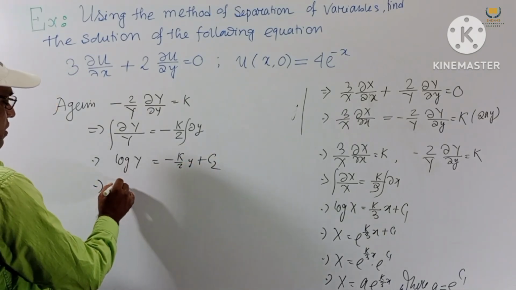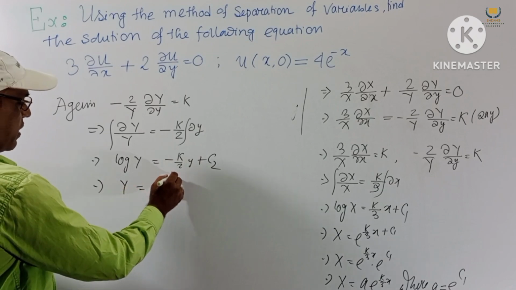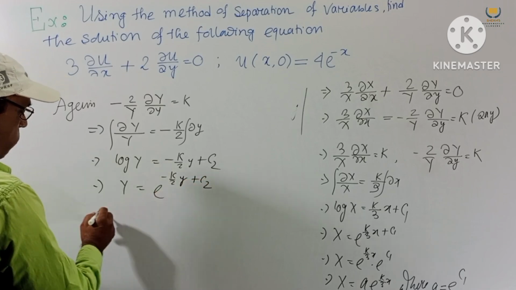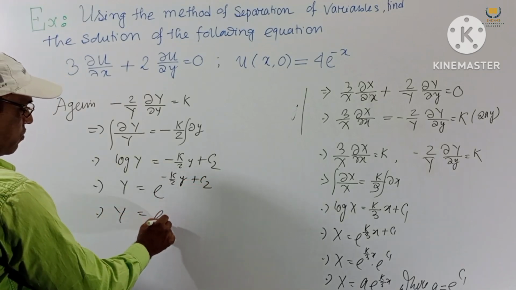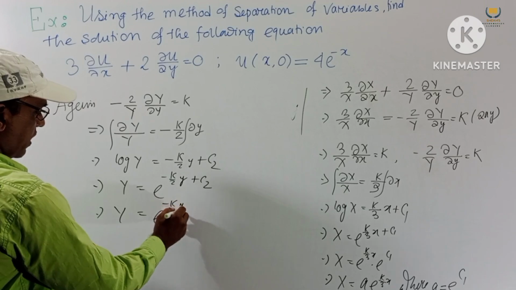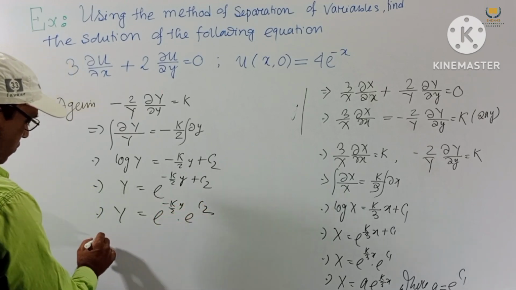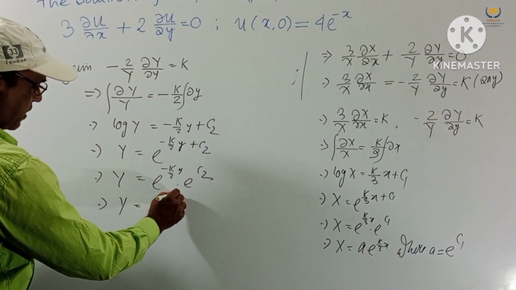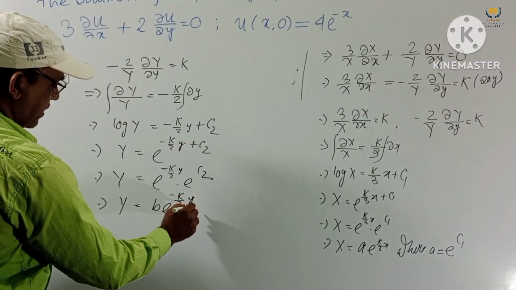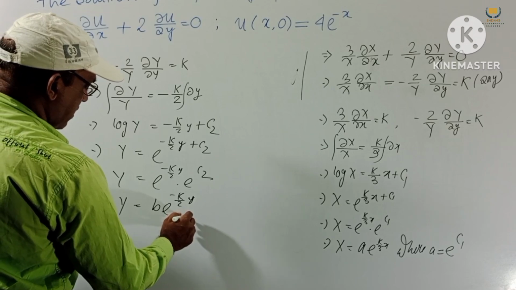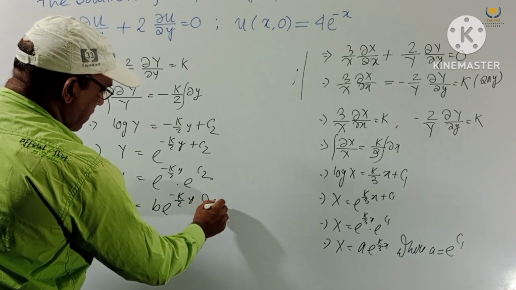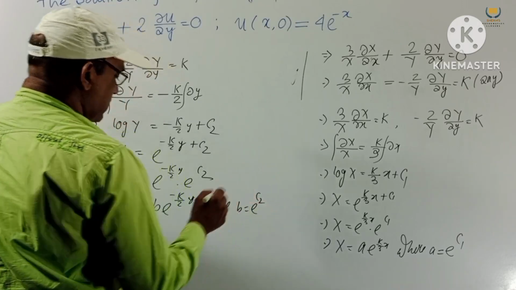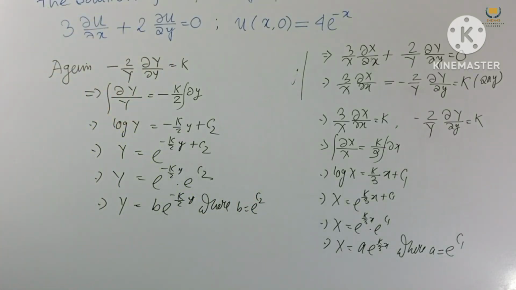And if we remove log, then Y equal to e to the power minus k by 2 y plus c2. Then Y equal to e to the power minus k by 2 y times e to the power c2. Then Y equal to b e to the power minus k by 2 y, where b equal to e to the power c2. So we get this one.